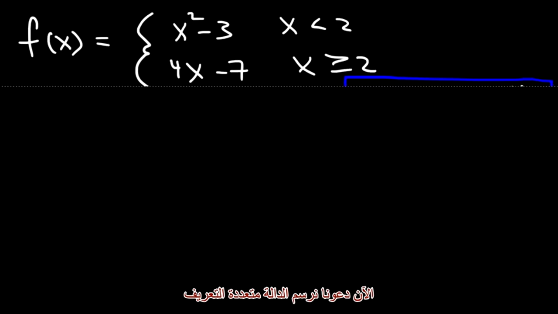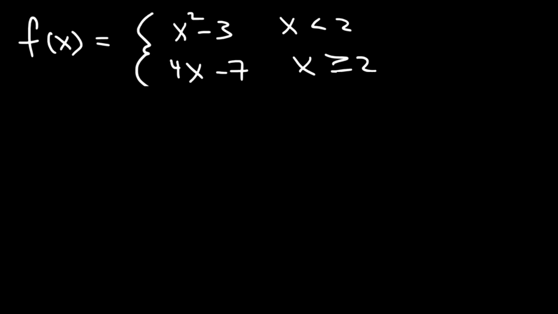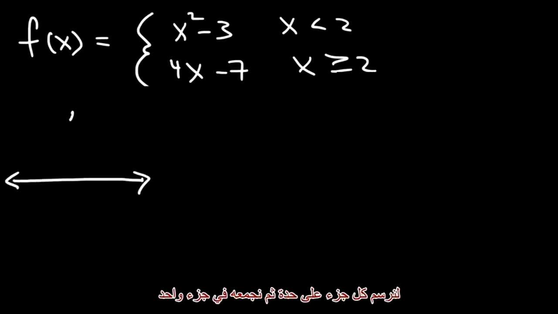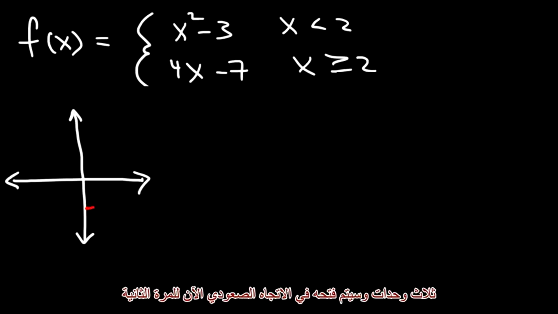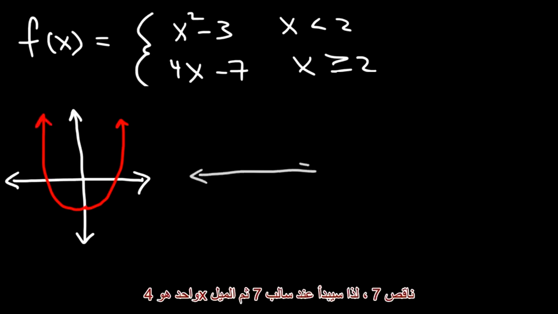So now let's graph the piecewise function. Let's graph each part separately, and then we could combine it into a single graph. So we have x squared minus 3, so the graph is going to be shifted down 3 units, and it's going to open in the upward direction. Now for the second one, it's 4x minus 7.